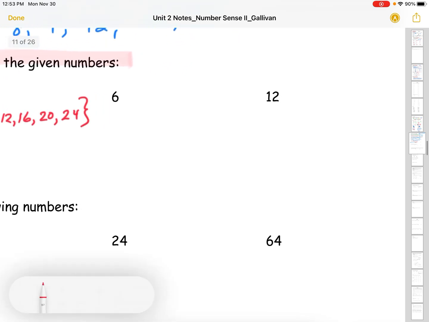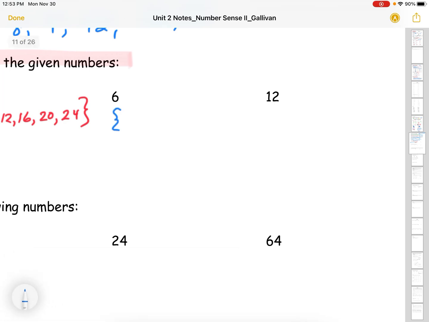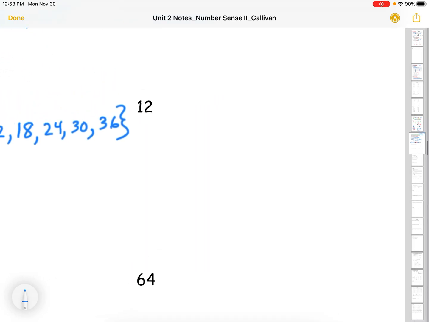Then we're looking at 6. Again, we're just going through this list, right? 6 times 1 is 6, 6 times 2 is 12, 6 times 3 is 18, 6 times 4 is 24, 6 times 5 is 30, and 6 times 6 is 36. Nice perfect square there.